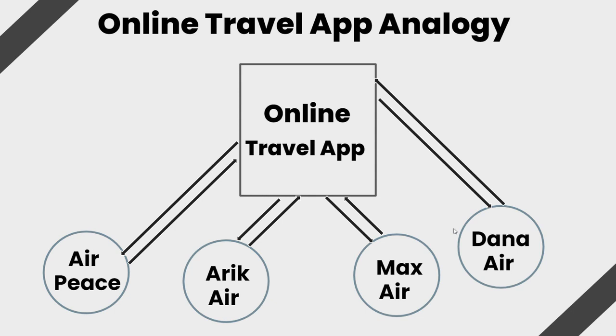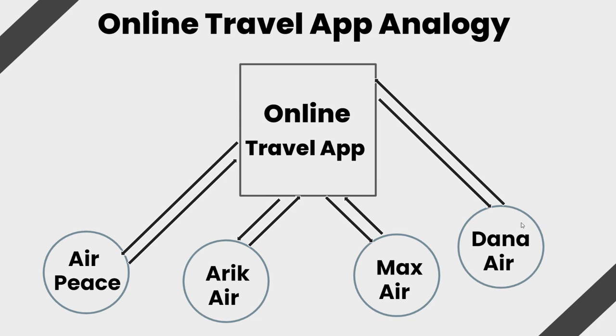Now, mind you, these airlines all have their own independent websites, and each website has the times and the flights for different locations in Nigeria. So Airpeace has the one for only its own airline, Arik has the one for only Arik, Max Air has the one for only Max Air, Dana has the one for only Dana.